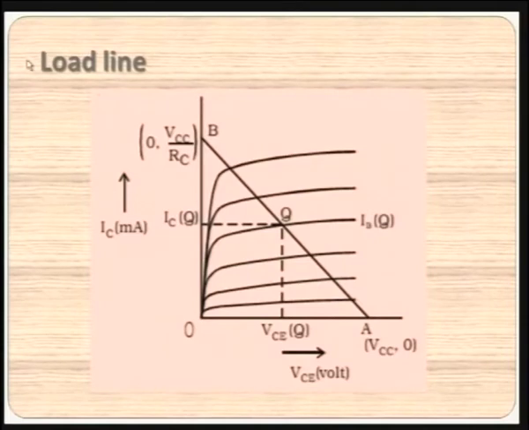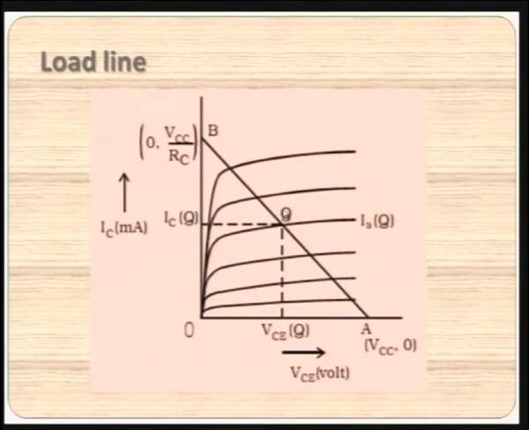So, let us have a look at the diagram once again, how the points are drawn on the output characteristics and connected. So, this is how the 2 points, the extreme voltage and extreme current values are connected by drawing a line. This line is called the load line. Now, the load line is drawn.